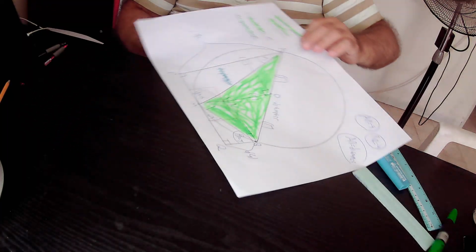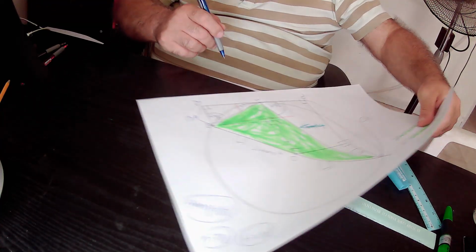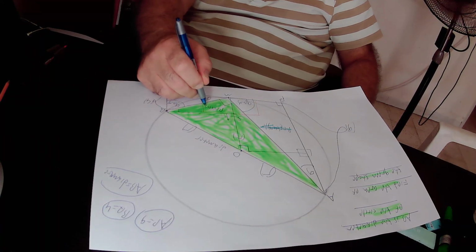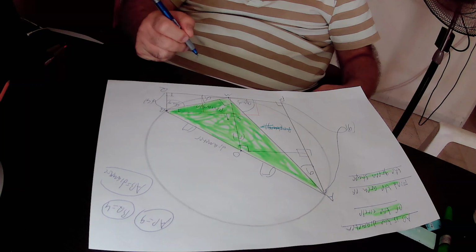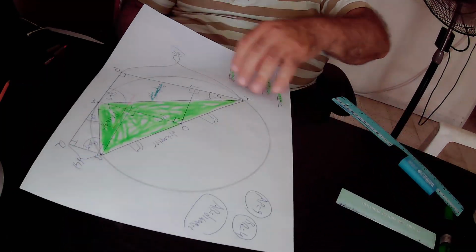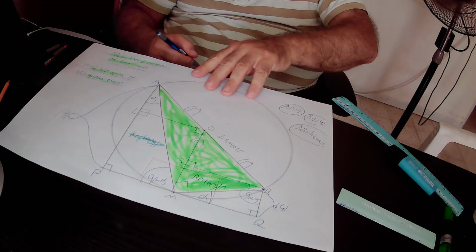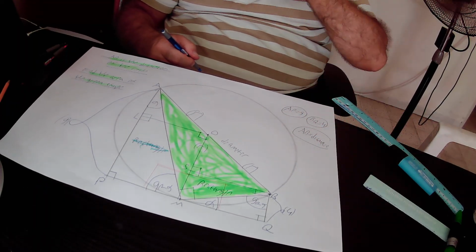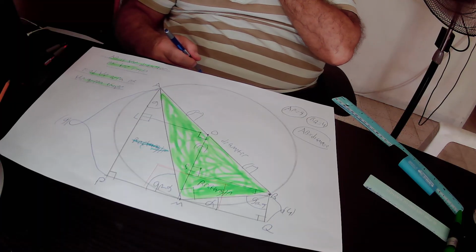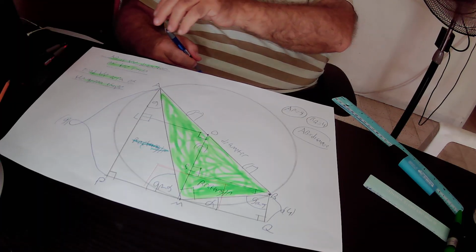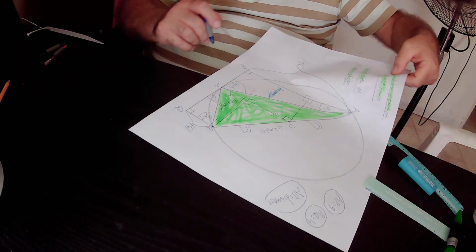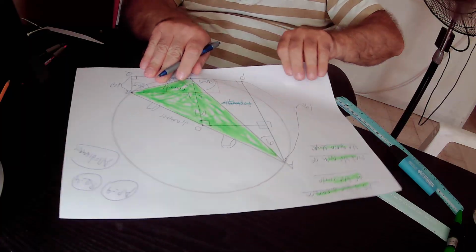So as you know, we know that the opposite sides of a rectangle are parallel to each other.